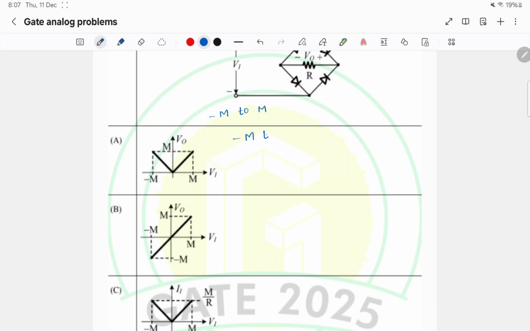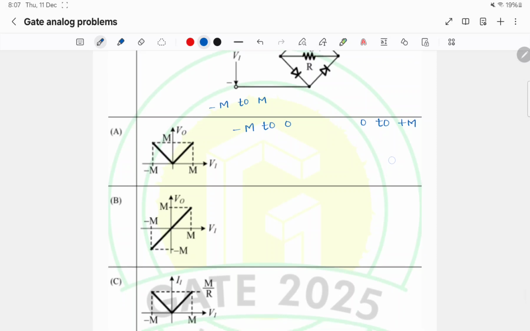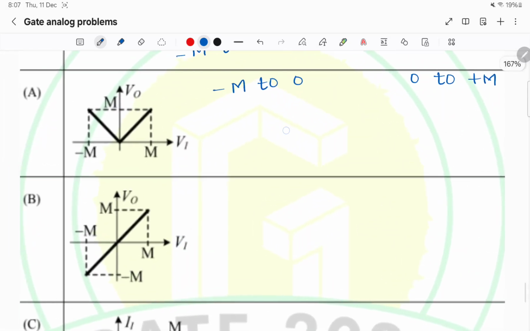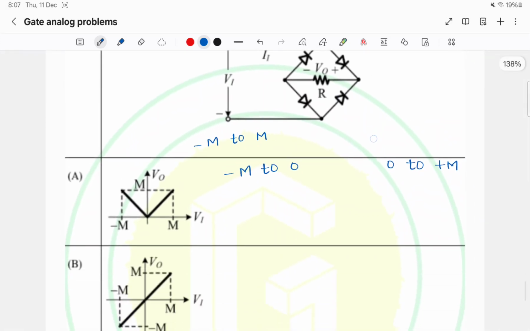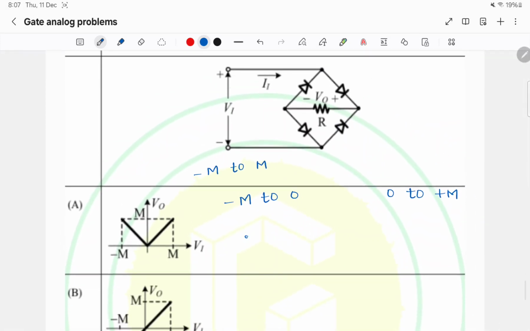One part is -m to 0, the second one is 0 to +m. If the input is -m, the current will flow in this path.